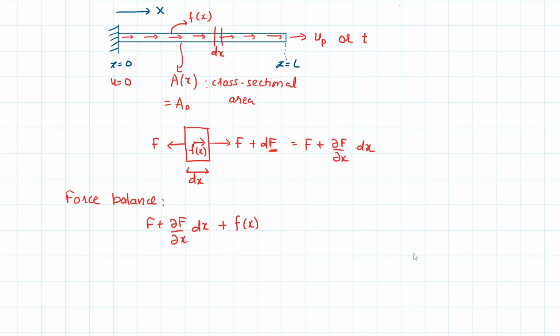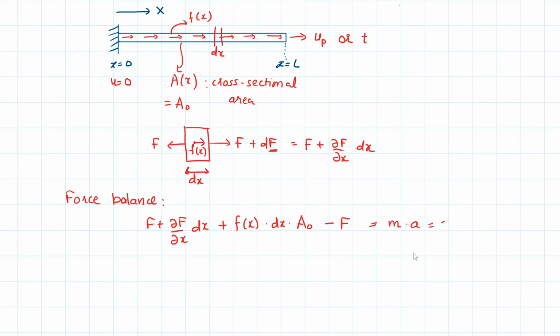Now the distributed force is defined per unit volume, so then times the volume, which is the length dx times the area A0, minus the force on the left face is equal to mass times the acceleration.